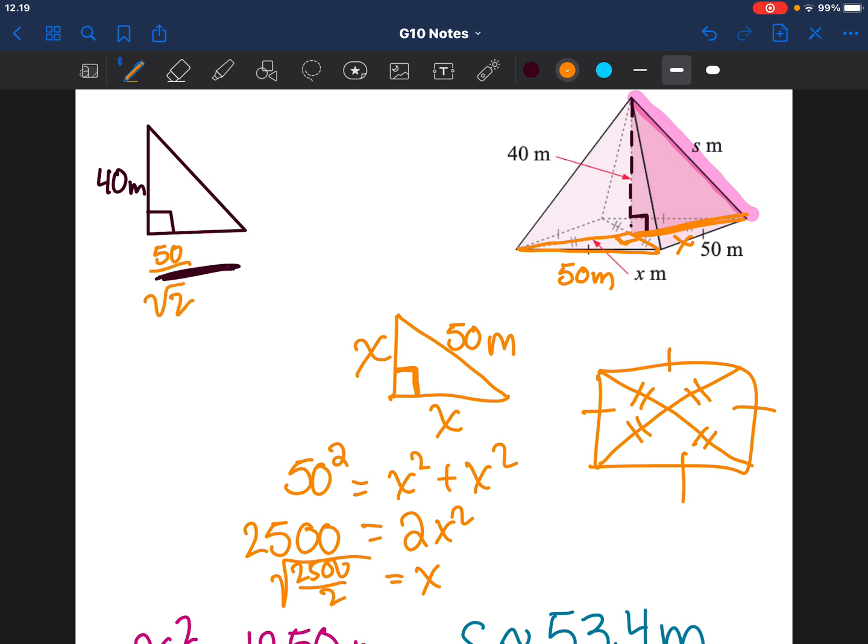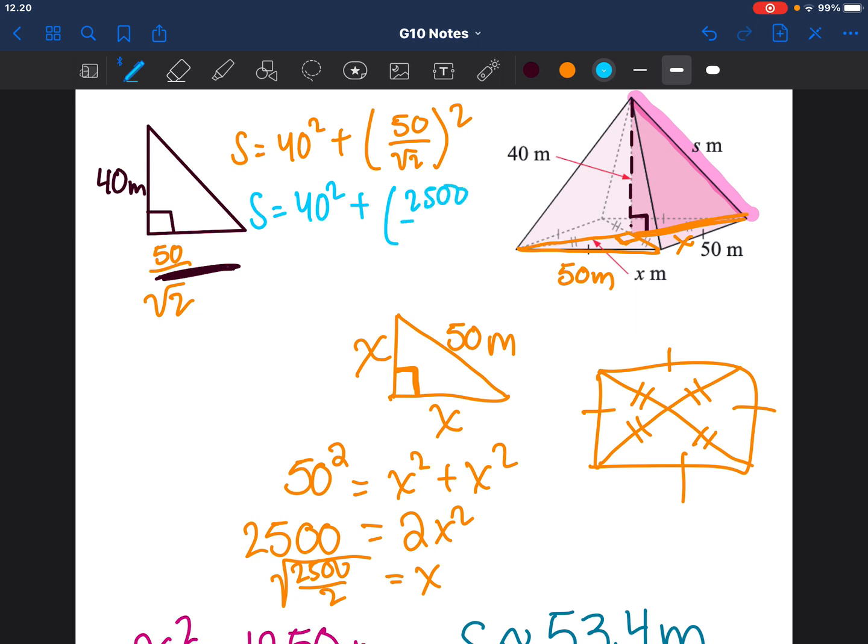So that means the slant height is 40 squared plus 50 divided by the square root of 2, squared. Okay, the reason why I kept the square root of 2 in the bottom is because it will cancel out the square and the square root. So s is equal to the square root of 40 squared plus 2500 once again divided by 2.